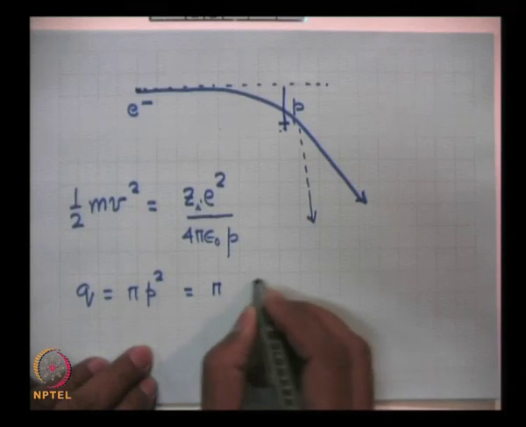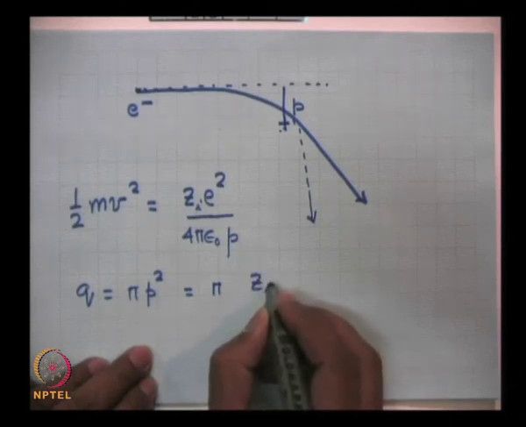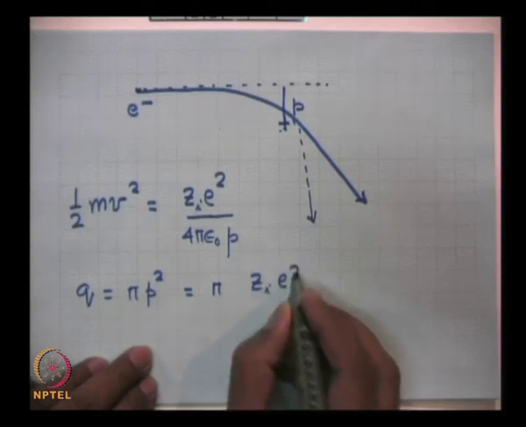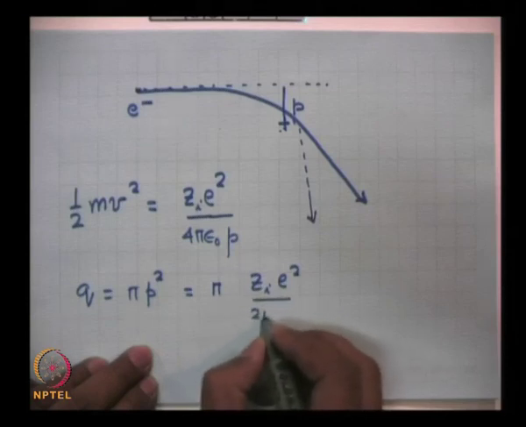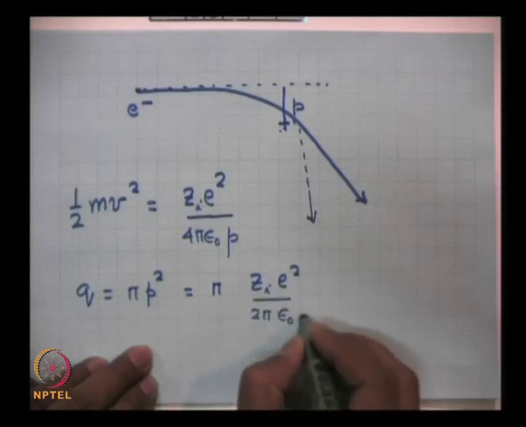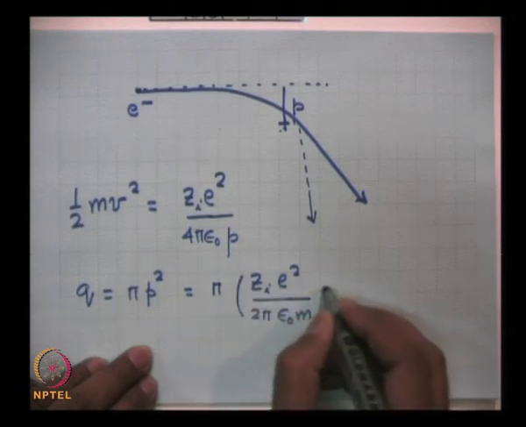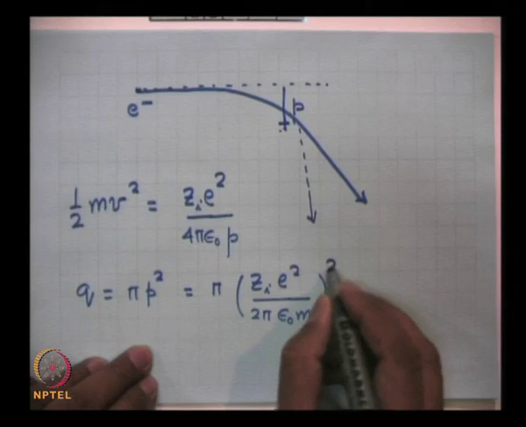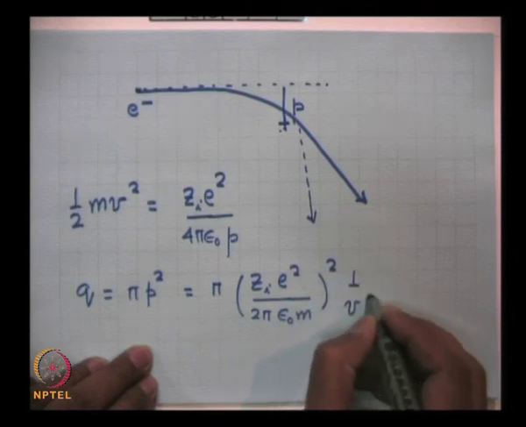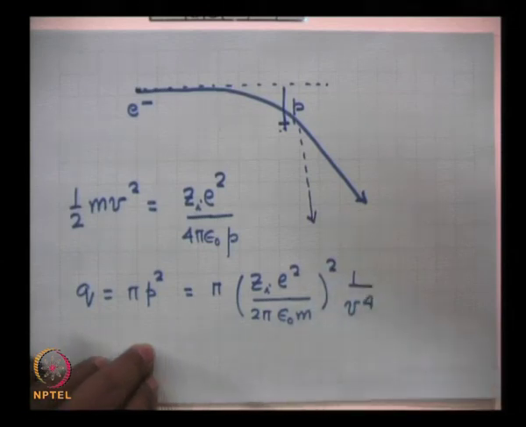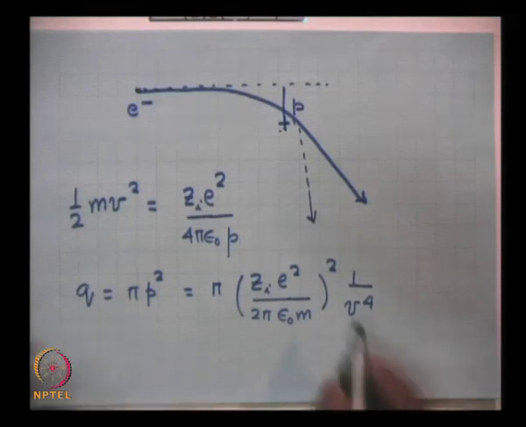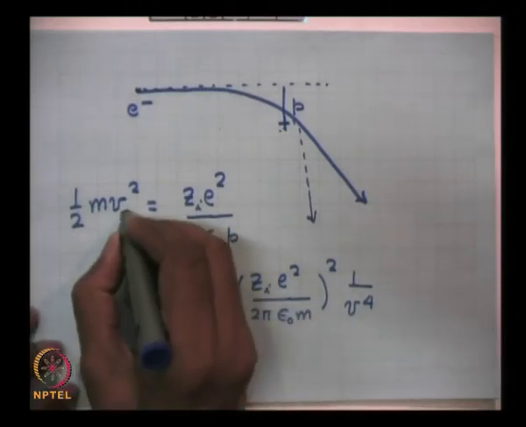So, you will get Zi e square upon 2 pi epsilon 0 m, whole square, into 1 upon v to the power 4. This v is the thermal velocity.